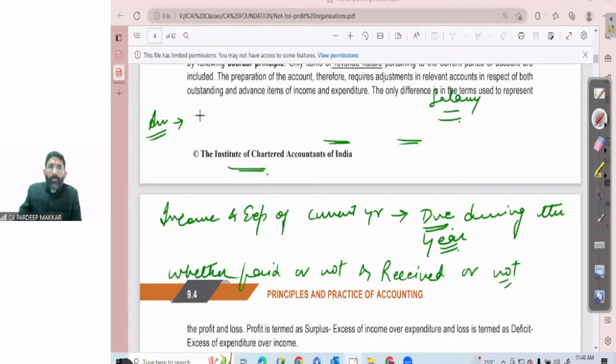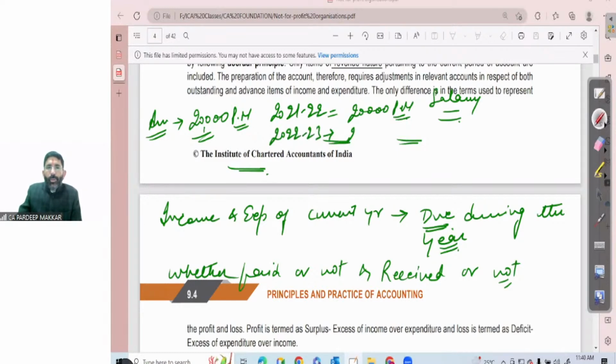An employee is working with us for a salary of rupees 20,000 per month. So in 21-22, his salary is 20,000 per month. In 22-23, his salary is increased to 21,000 per month, beta.